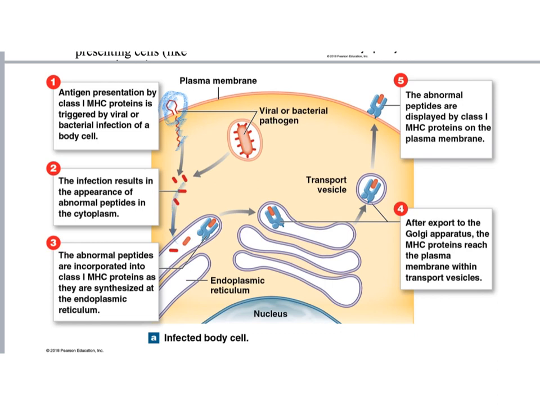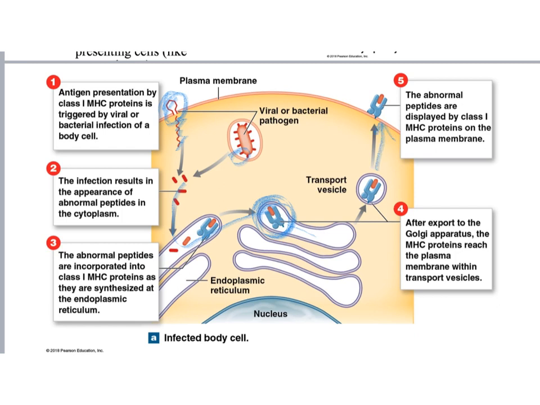Eventually that makes its way through the endoplasmic reticulum, which is also, by the way, making MHC1 proteins. And those two proteins will combine, the MHC1 proteins. I skipped ahead, sorry about that. So you will get some of the viral proteins combining with the MHC proteins, and those will go to the surface.